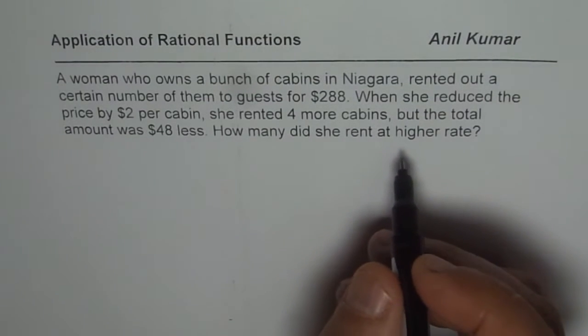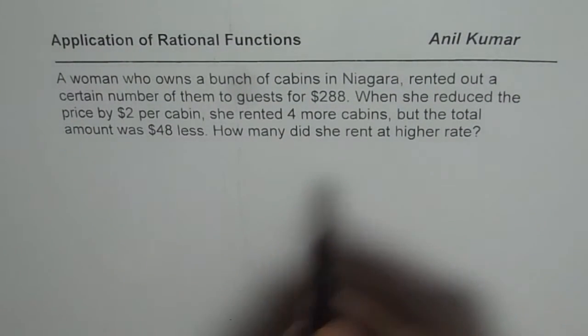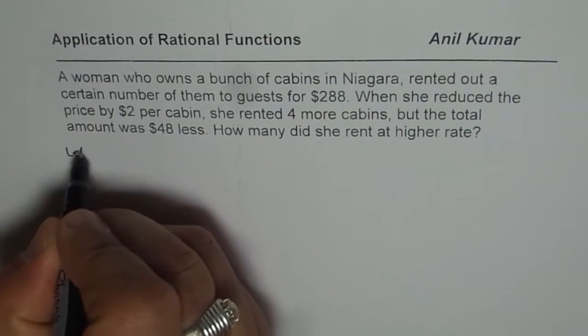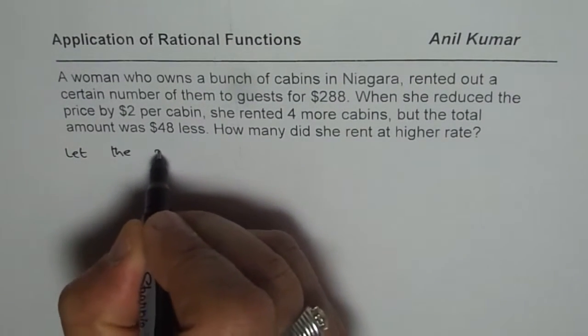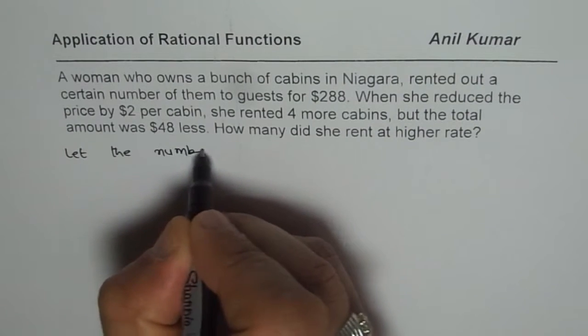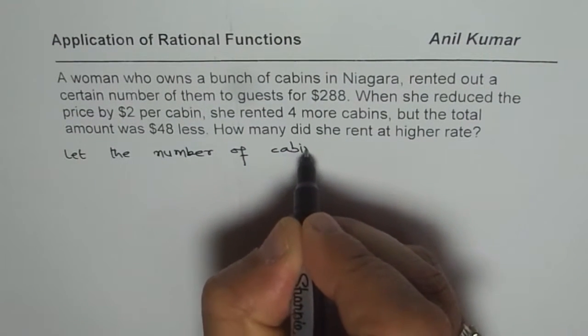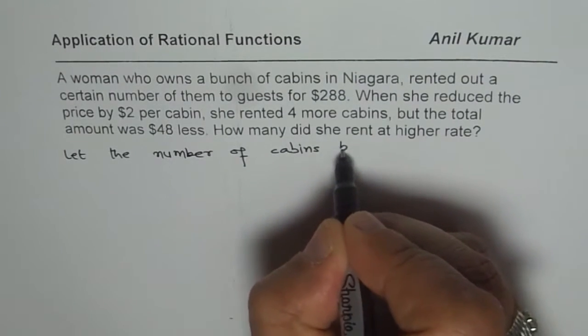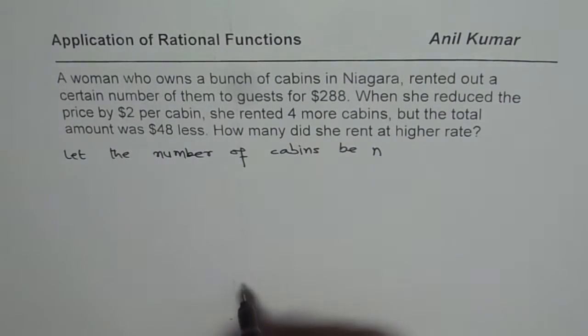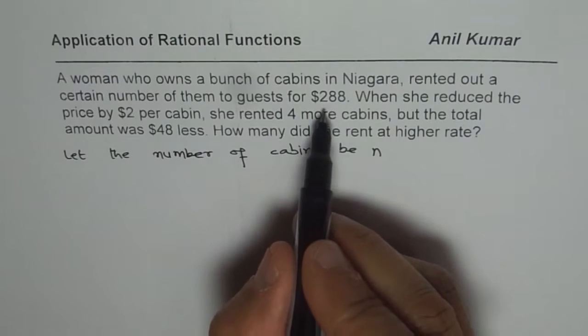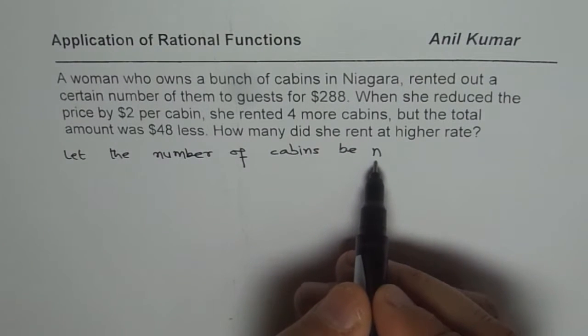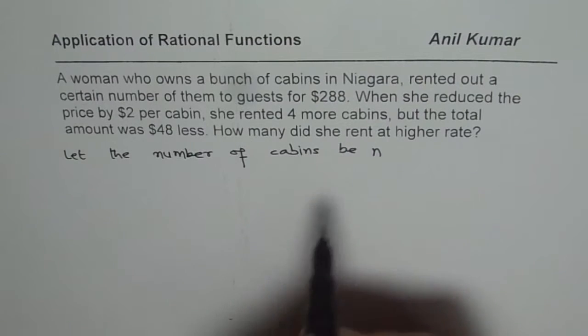So what we don't know is the number of cabins. So we say let the number of cabins be n, right? So revenue is amount into number of cabins rented, correct? So these are the number of cabins rented.